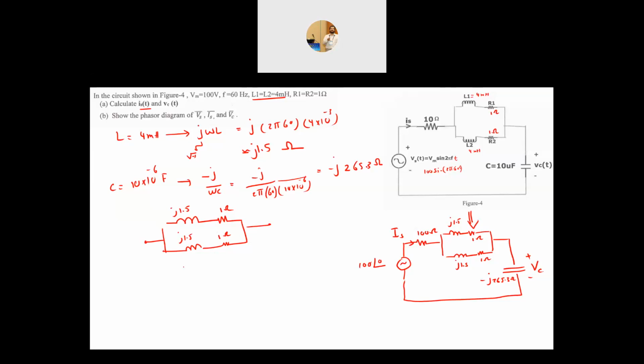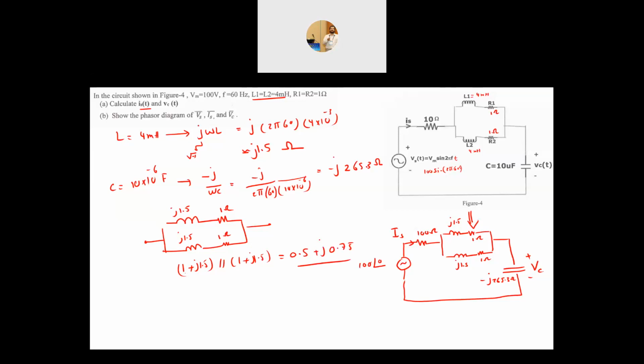Okay, when you look to this circuit, each branch is equal to 1 plus j 1.5. This is in parallel with 1 plus j 1.5. This is the real and this is the imaginary. Now, when you have two impedances in parallel that are equal, the resultant one will be half of that. So this is equal to 0.5 plus j 0.75.